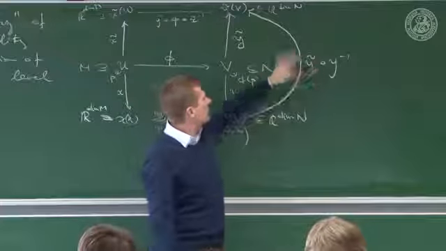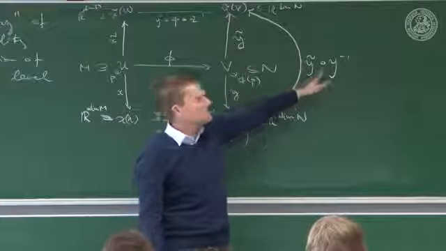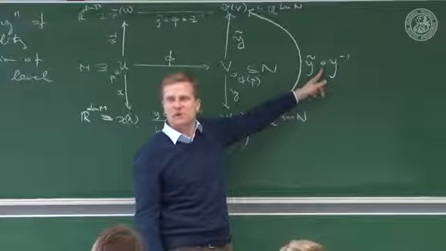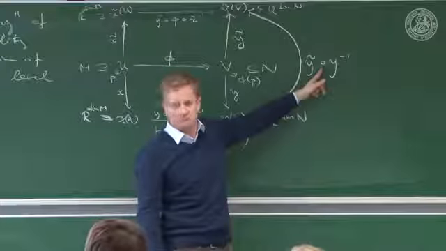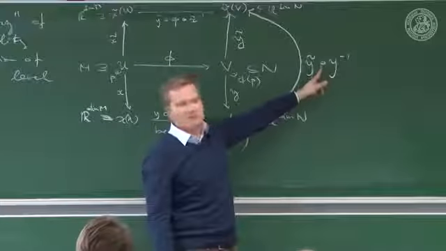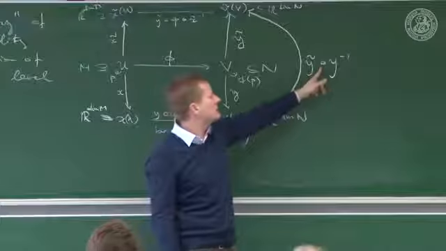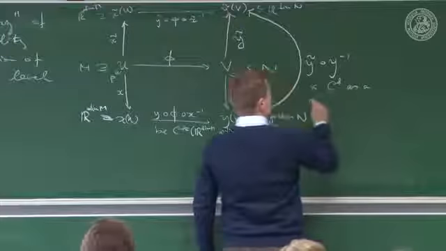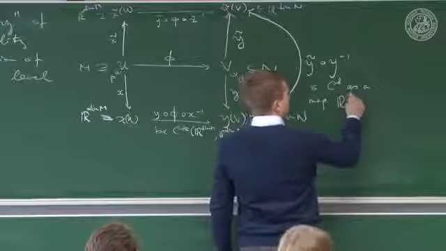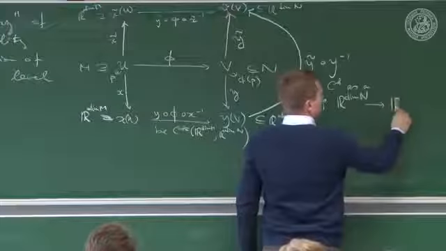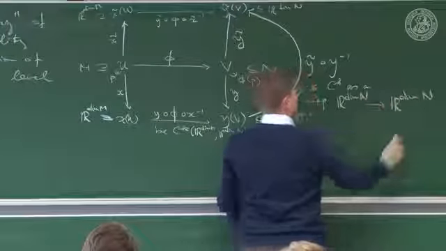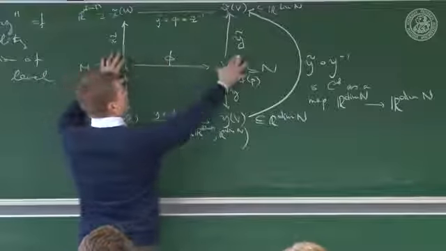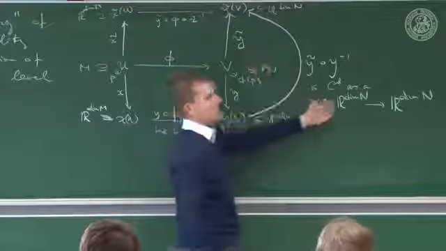But if these are two charts from the same C^k atlas, then this is a chart transition map between two charts on that atlas. What do we know by definition about the chart transition maps? Well, this one is C^k as a map from R^dim n to R^dim n. Now it's twice the same dimension because it's a chart transition map. Here dim m and dim n could differ because they're different manifolds. But for the chart transition maps, of course, the same dim n.